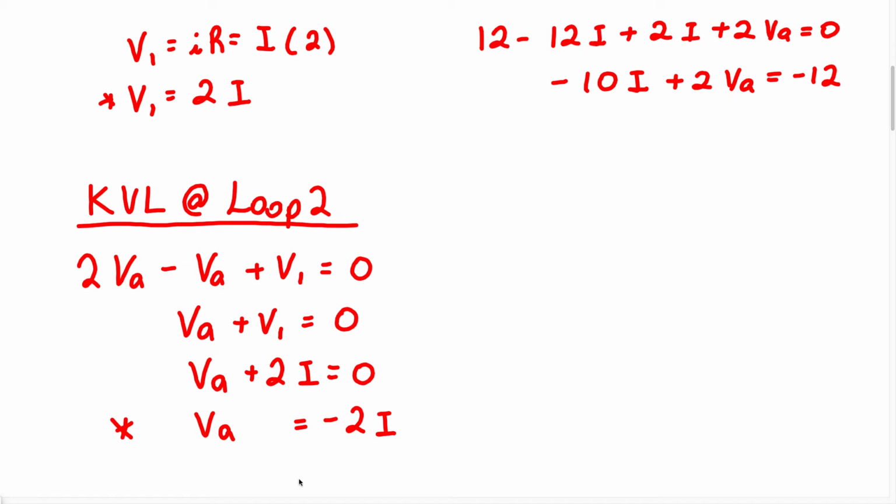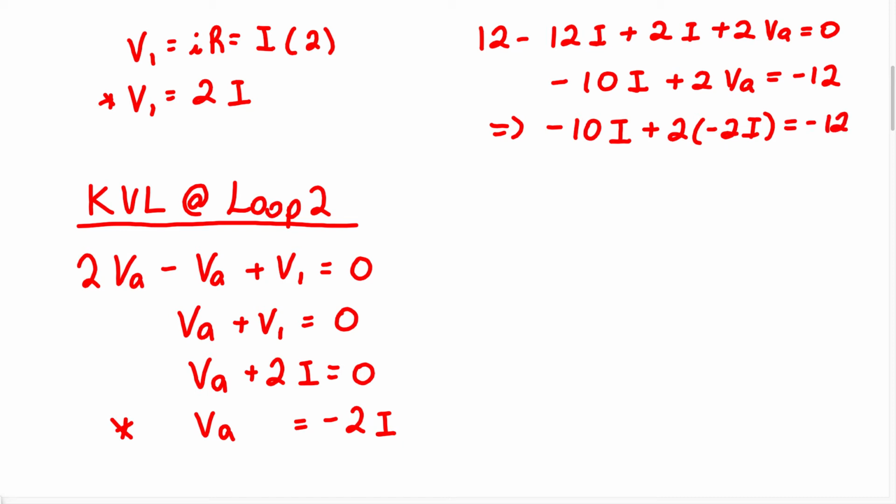Now what I'm going to do is substitute this value of VA into this equation to solve for one of the unknowns. So I'm going to say negative 10I plus 2 times negative 2I, because we know VA equals negative 2I, equals negative 12.